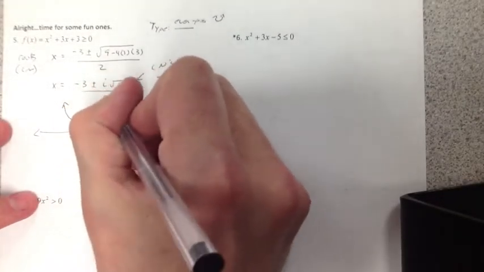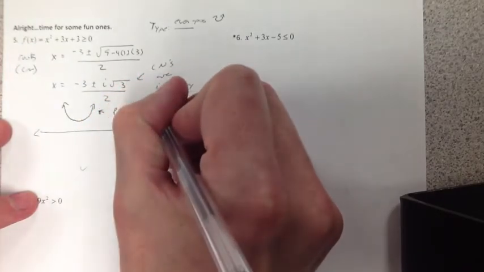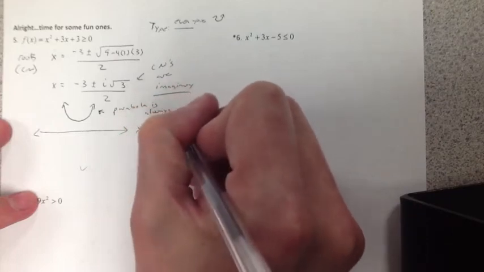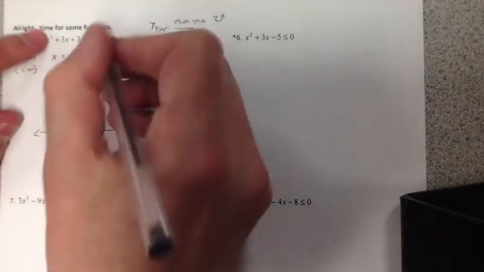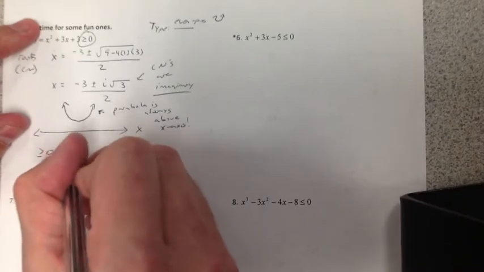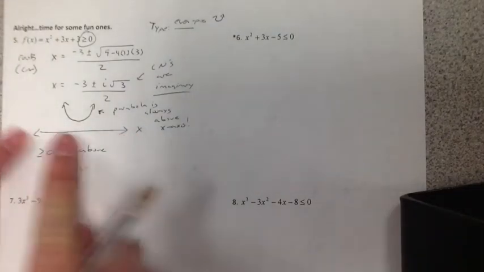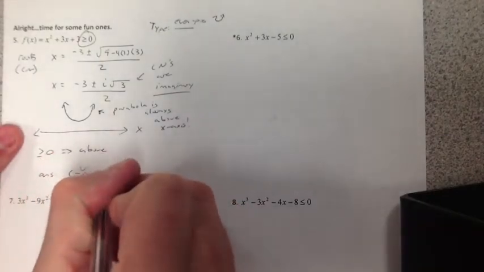So we know that the parabola is always above the x-axis. So how does that help me answer my question? Well, I want it to be greater than or equal to 0, which means it has to be above. So where is it above the x-axis? Everywhere. So the answer is negative infinity to infinity.